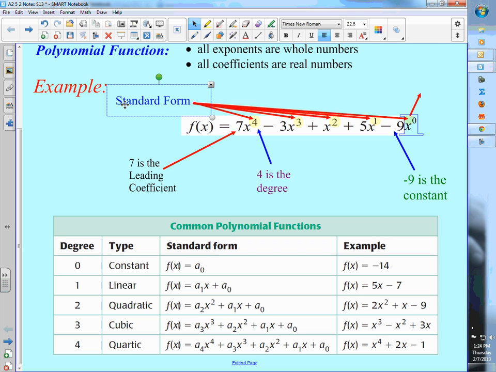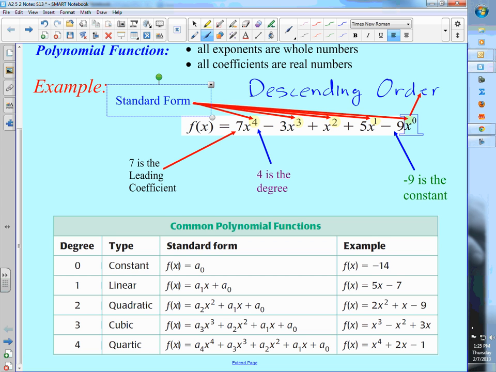What's another name for a polynomial function in standard form? What do we call it? Anyone? It has to do with the powers and how they're arranged. Anyone remember what you call it when you arrange them like this on the powers? Have you ever heard that term? Descending order? Yeah. Descending means you're going down.